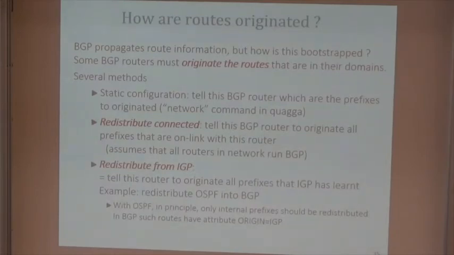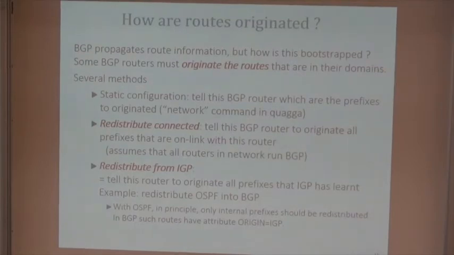The word redistribute has a very specific meaning in the context of routing protocols. Redistribute means take as input in some routing protocol what has been computed and obtained from another routing protocol. Here, IGP is, for example, OSPF. Remember that in the language of BGP, IGP means whatever interior domain routing protocol.